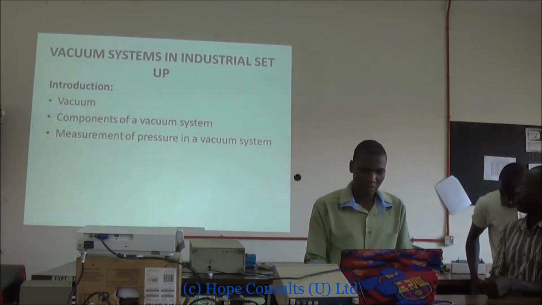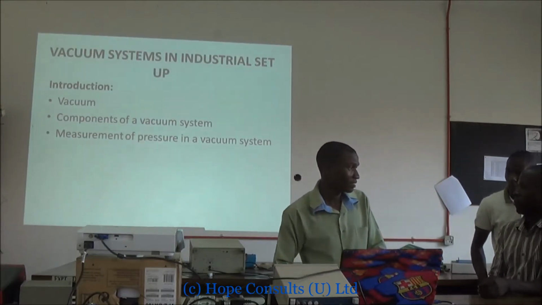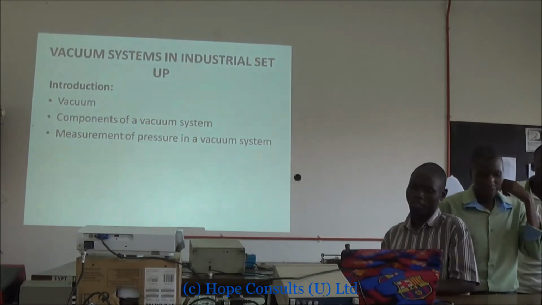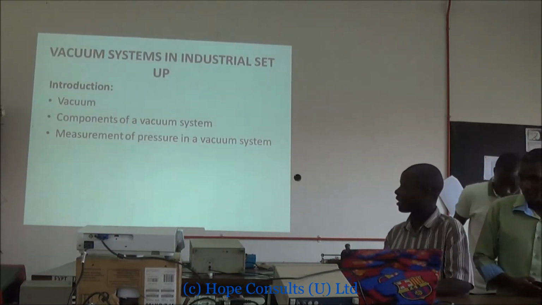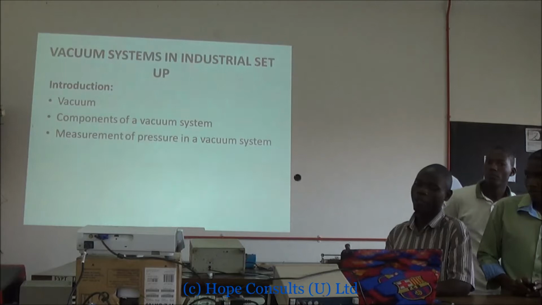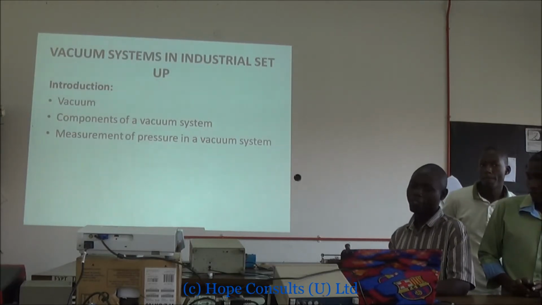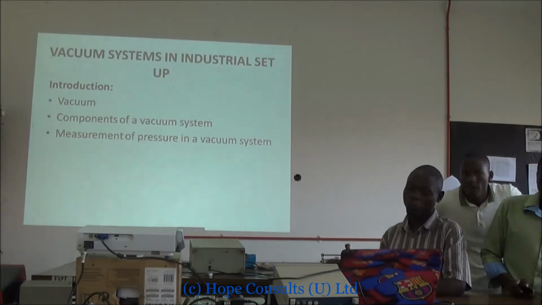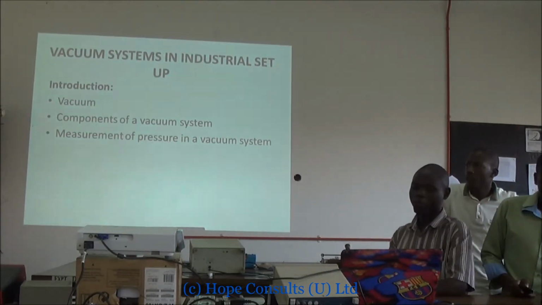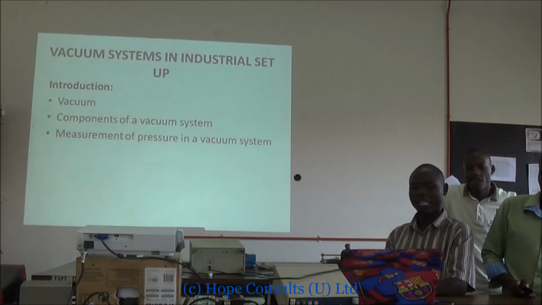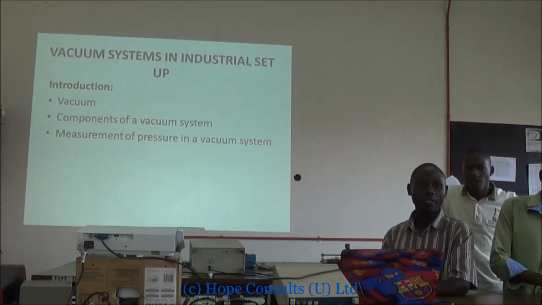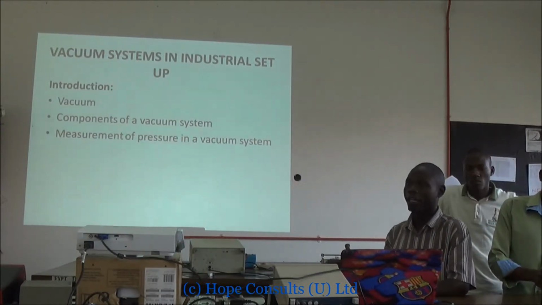Second, we'll talk about the measurement. How can you measure the pressure? Now, my colleague has talked about the components, the vacuum pump and the vacuum chamber. But in order to create a vacuum, there must be a pressure difference between the vacuum pump and the chamber.